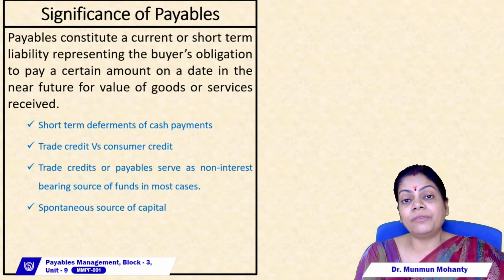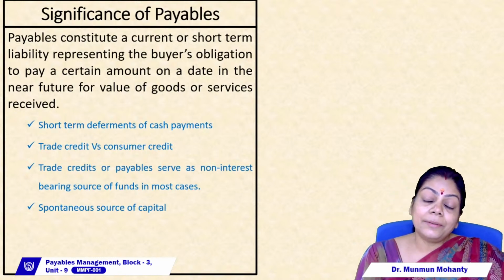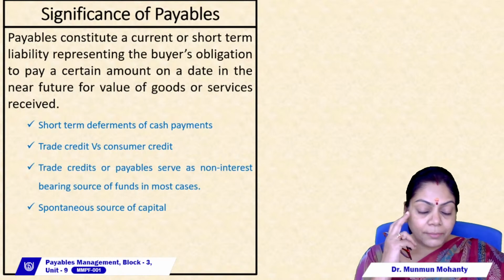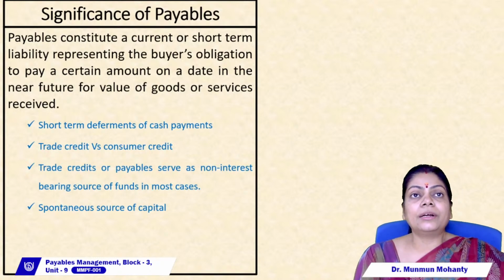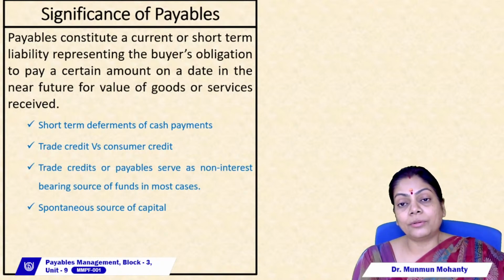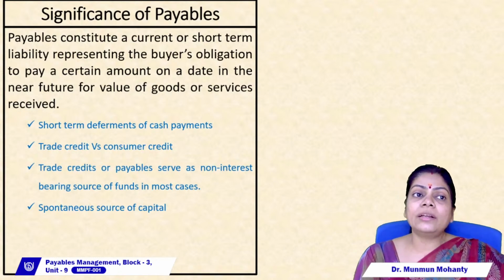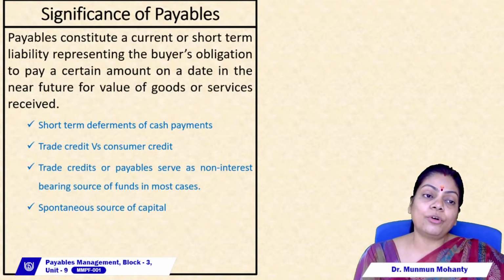So this is very lucrative for the buyers, for someone who is on the buyer side. And these are a spontaneous source of capital, because this kind of trade credit keeps on arising during the course of business. Like I am producing things and selling, and similarly I'm continuously procuring the raw material.